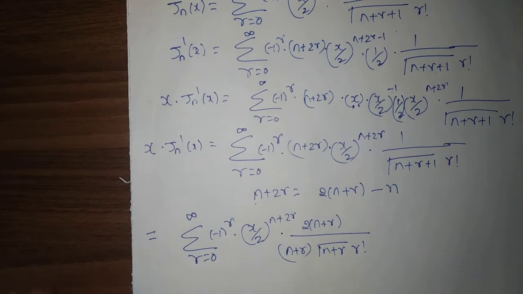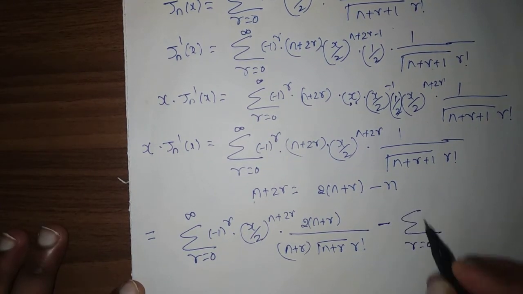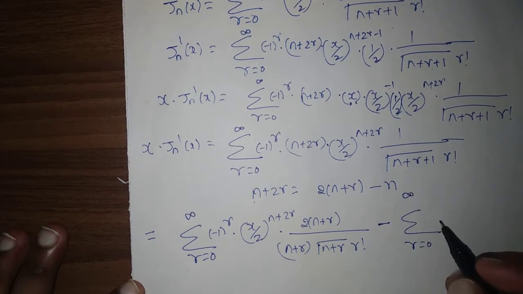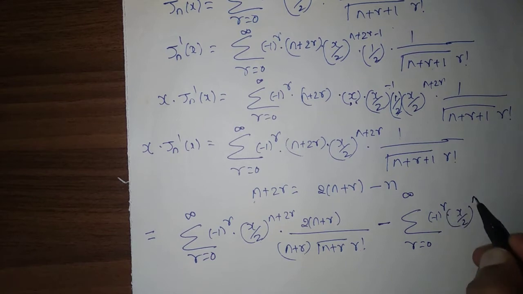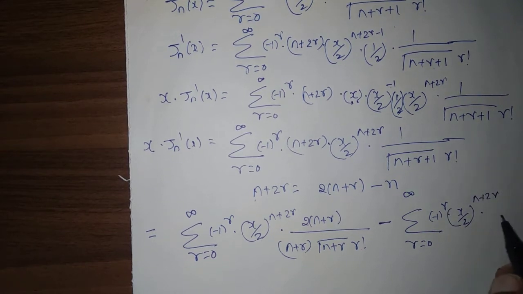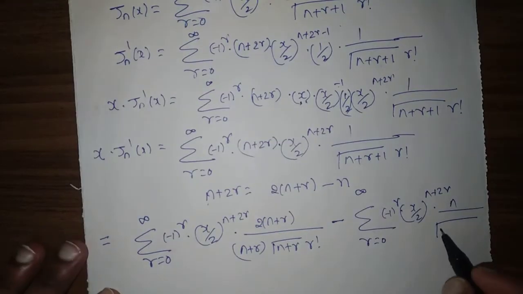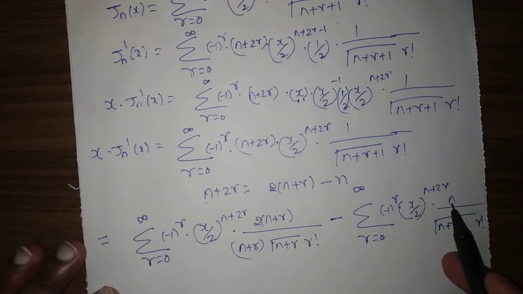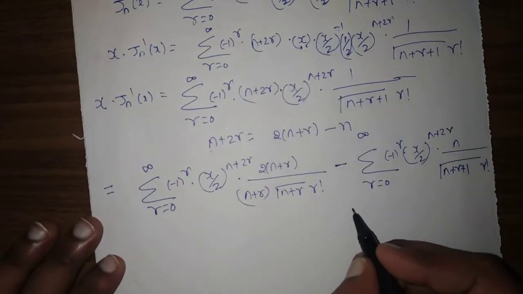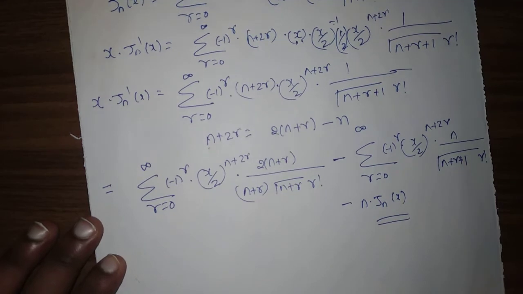So this is one summation, minus summation r varies from 0 to infinity, minus 1 to the power of r x by 2 to the power of n plus 2r into n divided by gamma of n plus r plus 1 into r factorial. So if you just observe this, this is nothing but Jn of x with this n outside. So directly I can write n into Jn of x, this term.